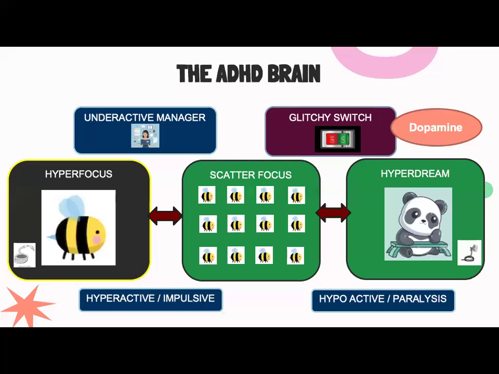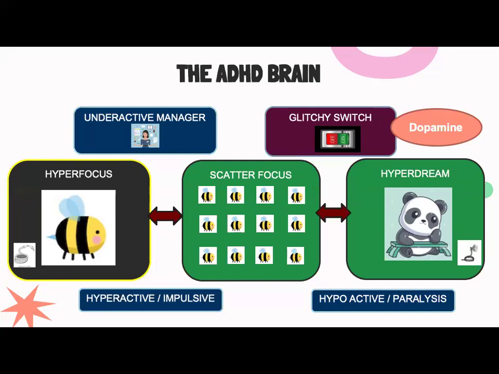What happens with the ADHD brain is particularly on this higher level. So there's a bit of an underactive manager, so less prefrontal cortex activity in terms of executive planning. And it has a glitchy switch. And we call it a glitchy switch because it's not that there is no switch or that the dopamine is not working. It's just that there's not this smooth movement between daydream and focus.